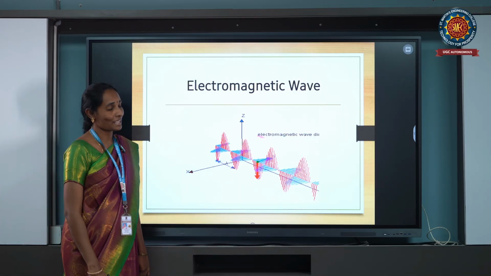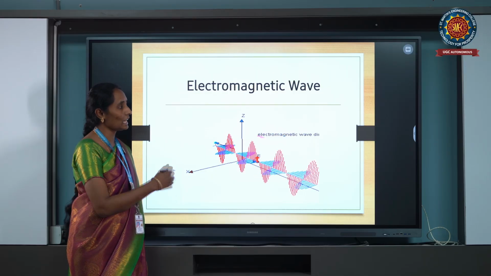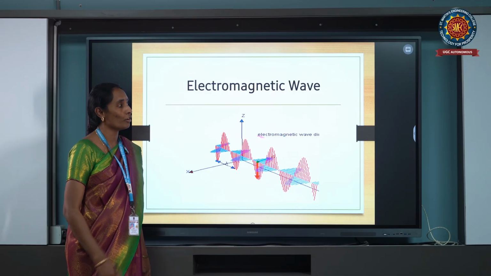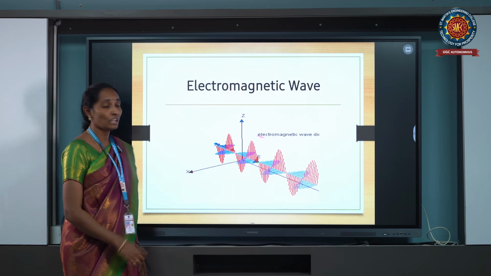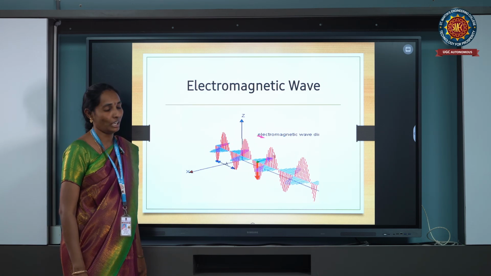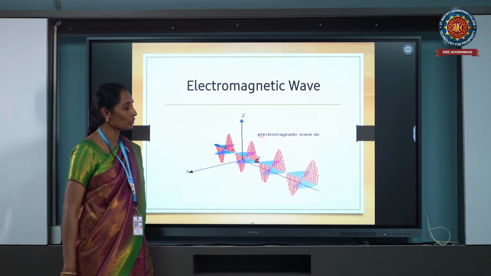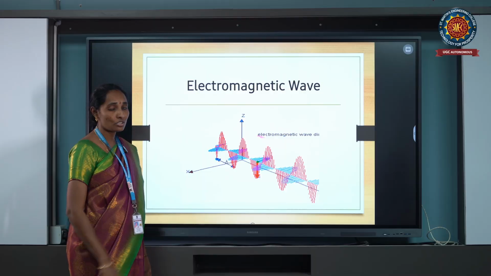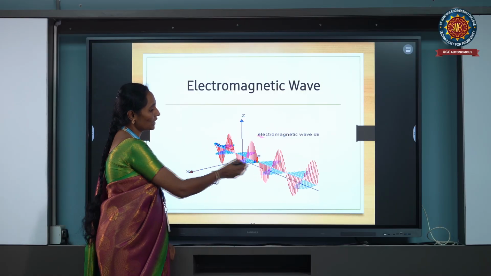Before going to Maxwell's equations, what is an electromagnetic wave? The electromagnetic wave is the combination of two field components: one is the electrical field component and the other is the magnetic field component. This is the structure of an electromagnetic wave, drawn based on the coordinate system. Here we consider three coordinates.